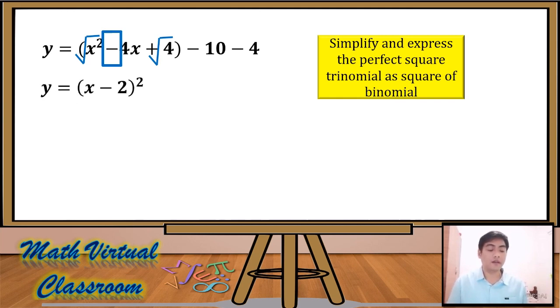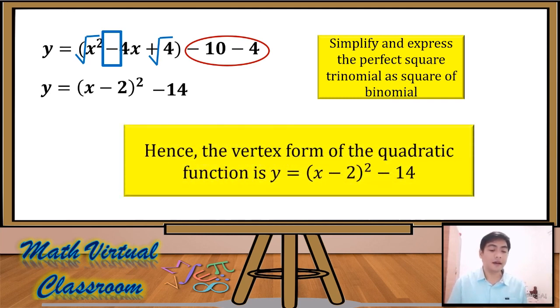Then the function will become y equals quantity x minus 2 squared. Then we simplify negative 10 minus 4, that is minus 14. Hence, the vertex form of the quadratic function is y equals quantity x minus 2 squared minus 14.